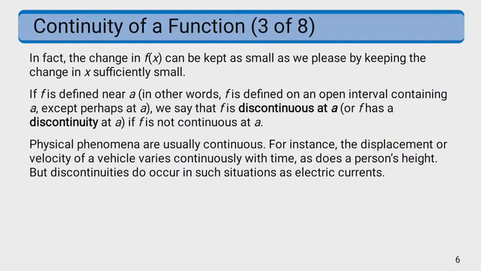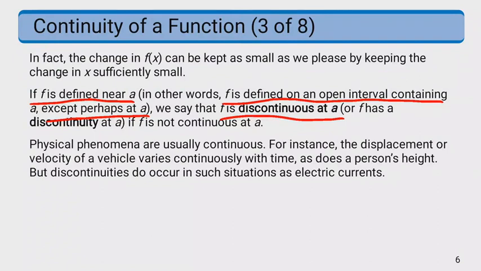So what are we saying? So if f is well defined near a, or we can even say in the interval around a, except possibly at a point x which is equal to a, then we say f is discontinuous at a point a. So you can see now it's the opposite of continuity.